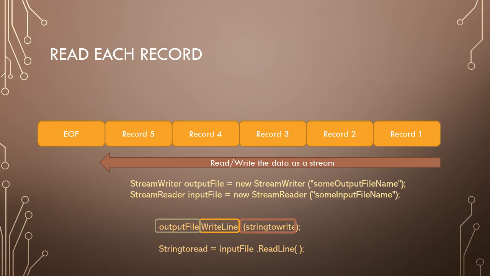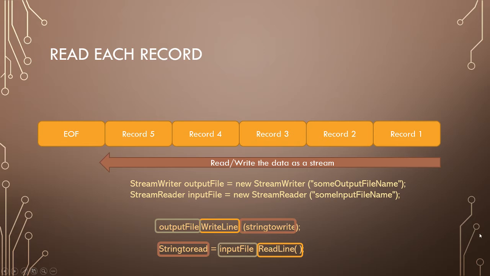If we're using the StreamReader, we would start out with our variable name of a string to read, and then after our equal sign, we would specify our instance name, followed by a period, and then the name of the method available from that StreamReader class that we would like to use to read something from our file.